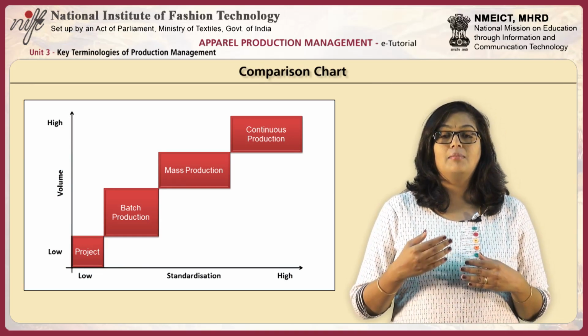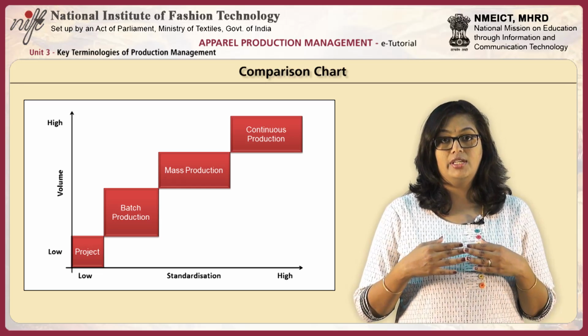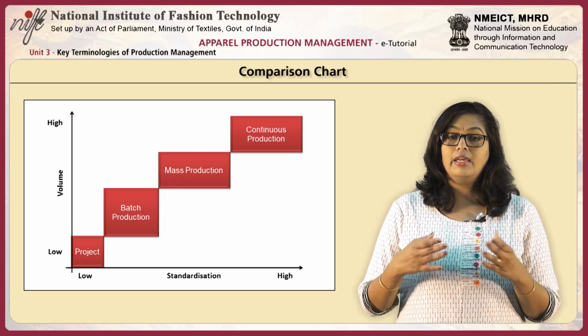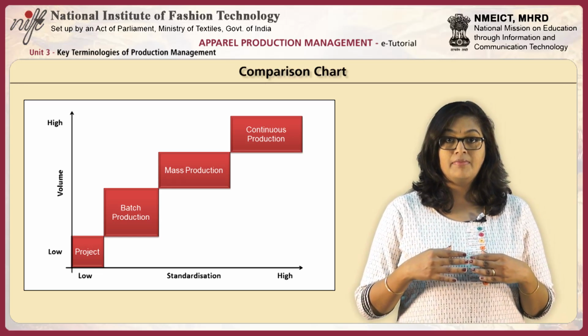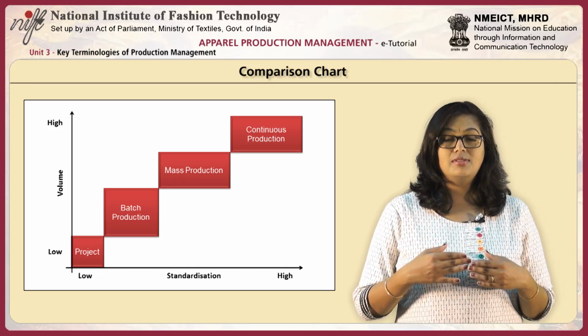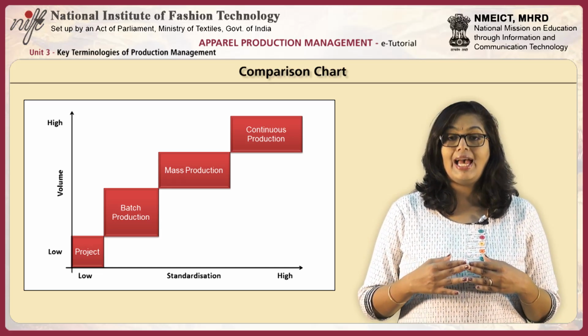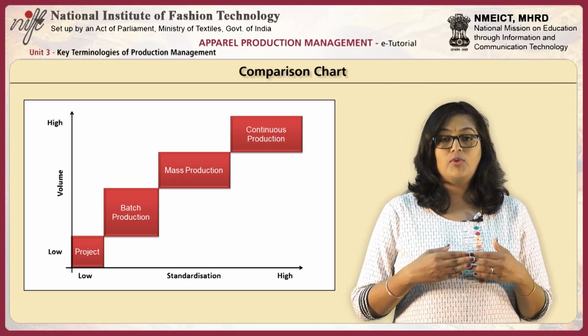Let's see a comparison chart on the various production processes that we've just studied. Here on the x-axis we have standardization, and on the y-axis we have volume. As you can see, continuous production has really high standardization and really high volume of quantity.